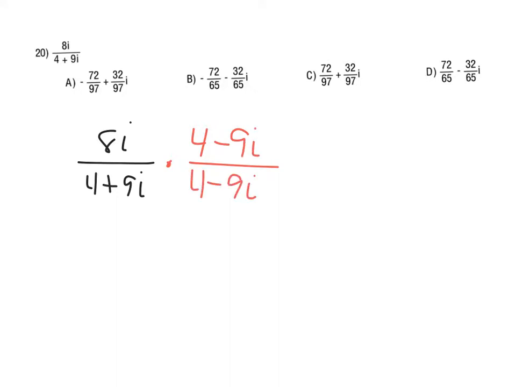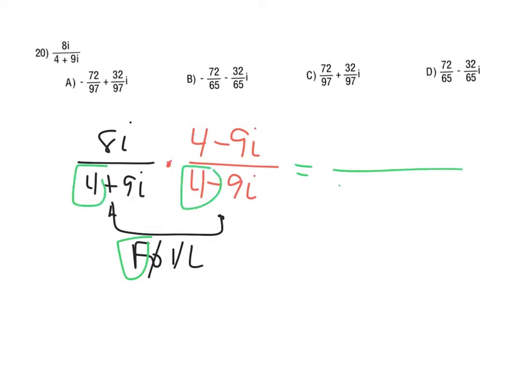Problem 20, 8i over 4 plus 9i. I'm going to rationalize the denominator by multiplying the top and the bottom by the conjugate of the denominator, so the opposite sign, 4 minus 9i. For conjugates, all I have to do is the first and the last, so the firsts, 4 times 4, that gives you a 16.